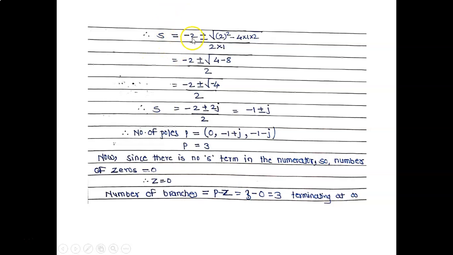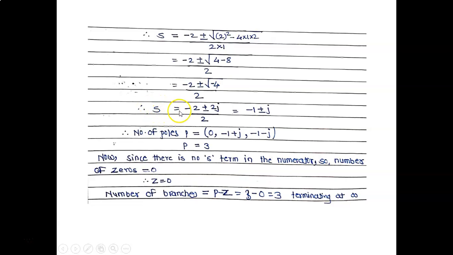Therefore, s is equal to minus 2 plus minus square root of 2 square minus 4 into 1 into 2 divided by 2 into 1, which is equal to minus 2 plus minus square root of 4 minus 8 divided by 2, which is equal to minus 2 plus minus square root of minus 4 divided by 2.